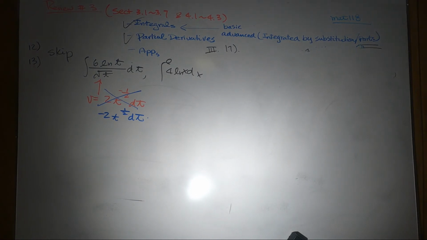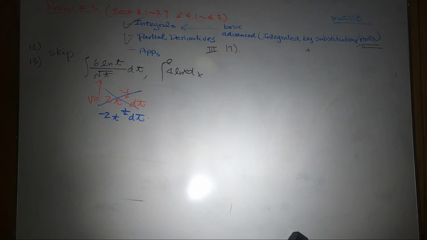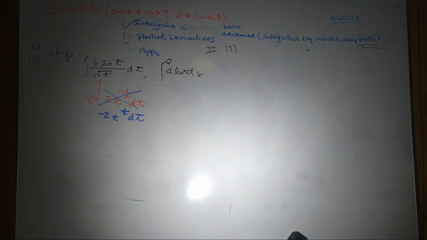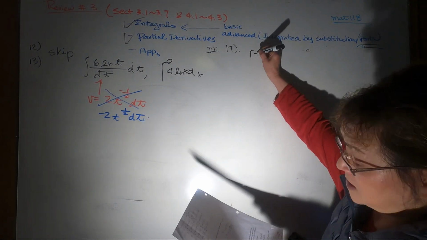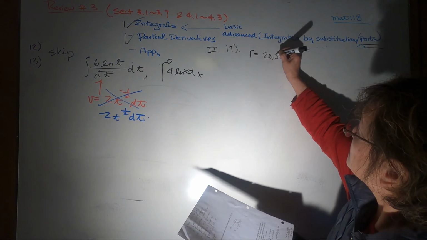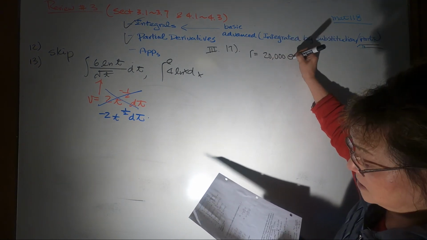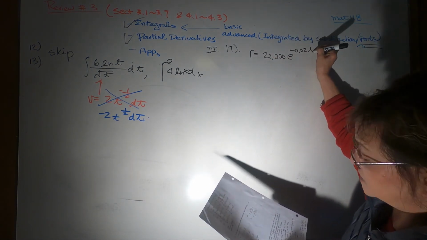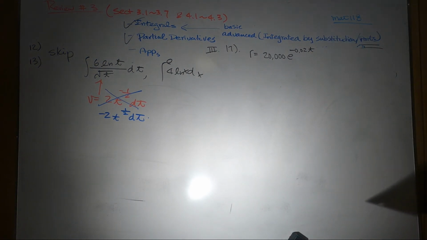A company installs a new computer that is expected to generate income at the rate of 20,000 e to the negative 0.02 t dollars per year. Okay, that's your rate. So rate is 20,000 e to the negative 0.02 t dollars per year.